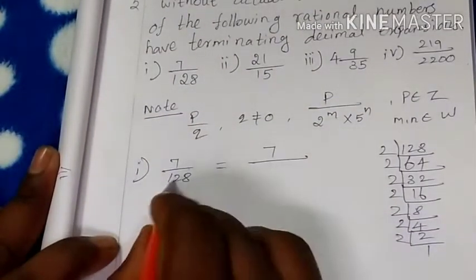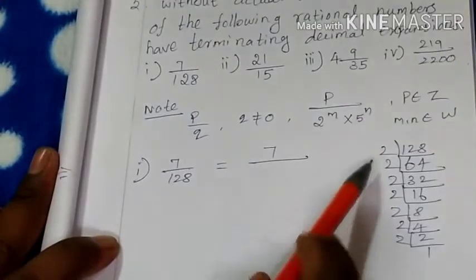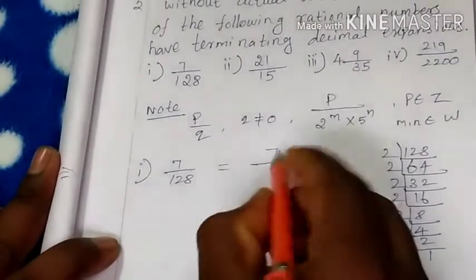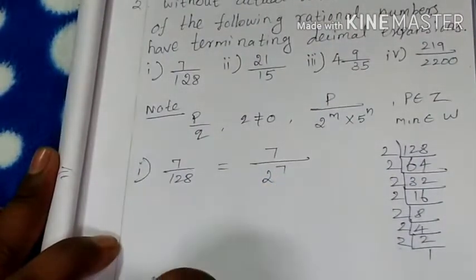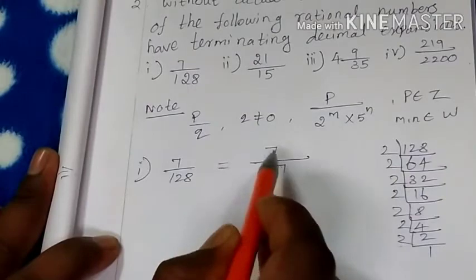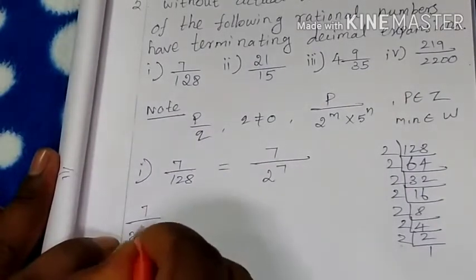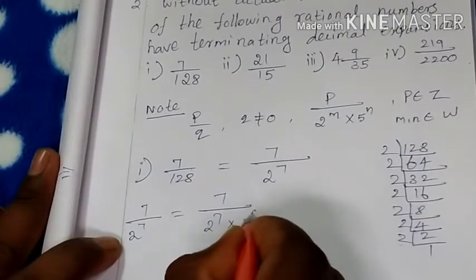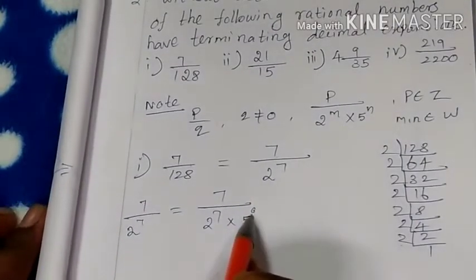So 128 can be written as 2 power 7. So 7 divided by 2 power 7 into 5 power 0, since any number power 0 is 1.